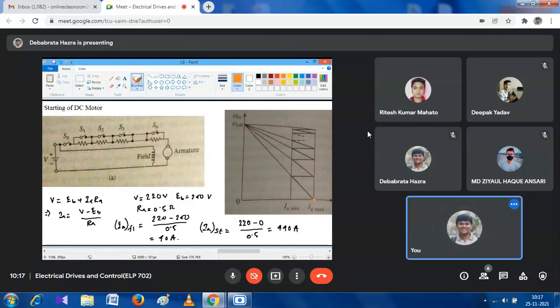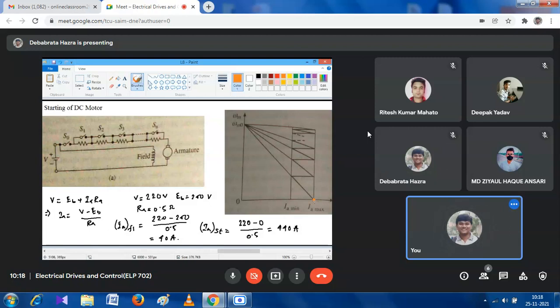After that, though flux is present and armature current will flow through the armature, a torque is developed, and due to the torque, the motor will rotate with a low speed, and after rotation there is a back EMF on the armature.